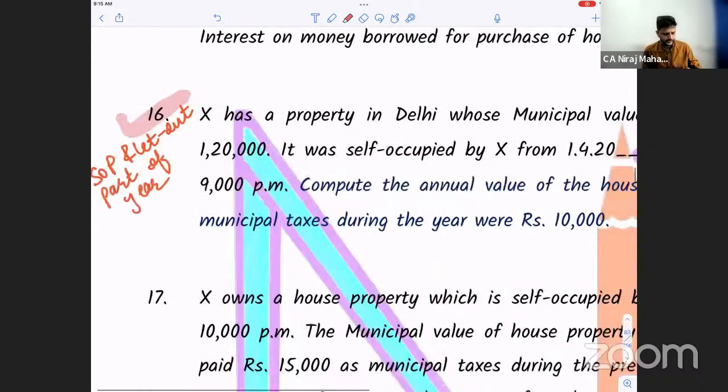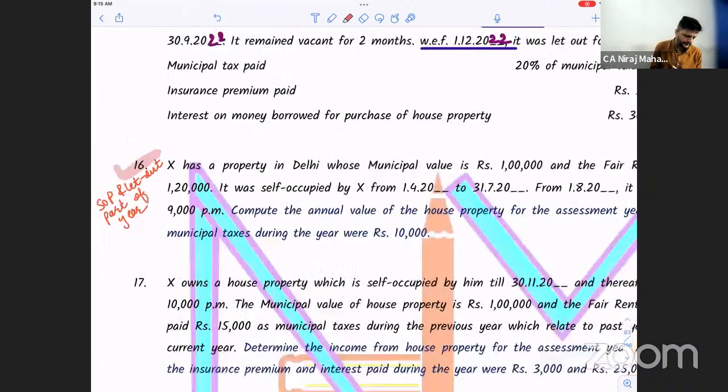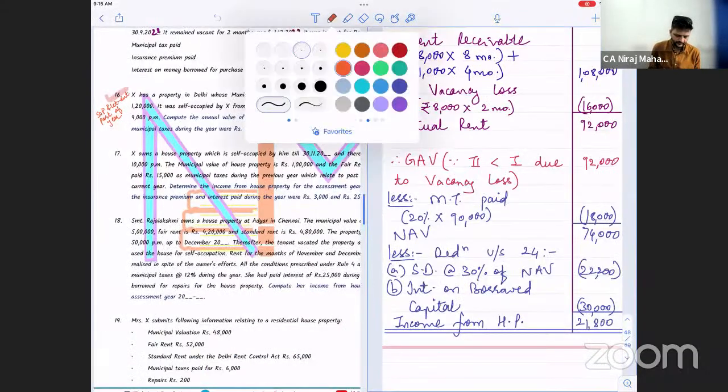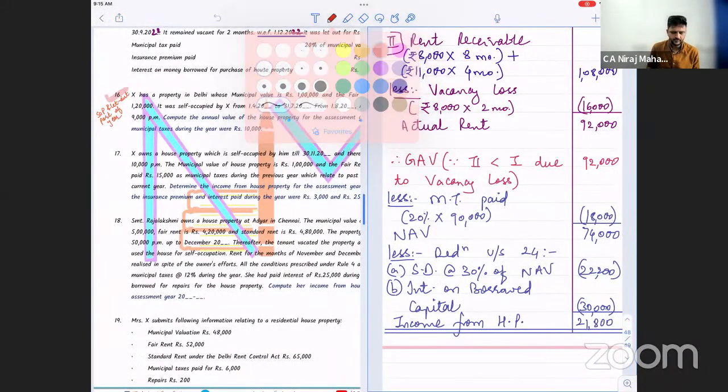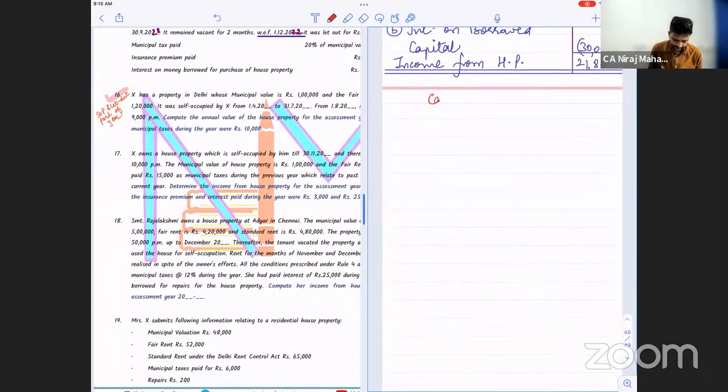So, SOP and let out for part of the year. Ready? You can give reference in your notebook also, don't worry. It is case number 2, on page 5.6. Just confirm once.